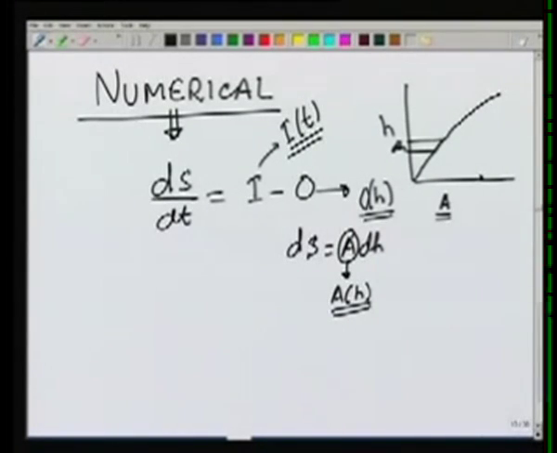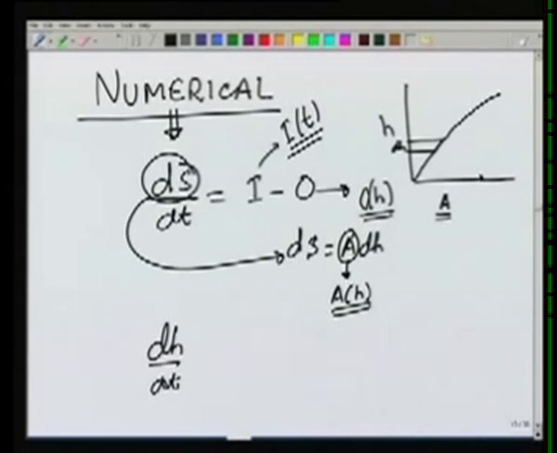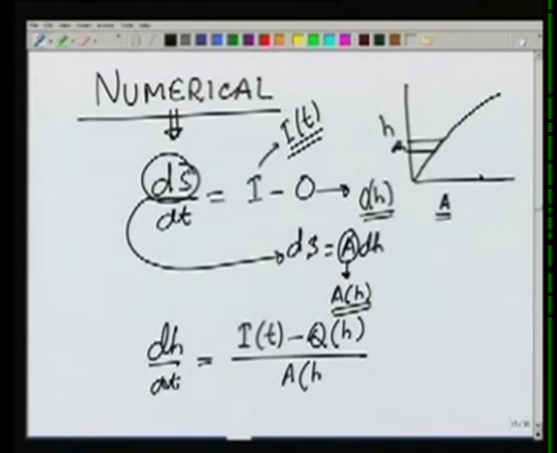So the differential equation can be written as dh by dt, because ds we have seen being equal to a dh. So we can write dh by dt equals I as a function of t minus outflow, which again let's denote by q, and divide by the area, which is a function of h.